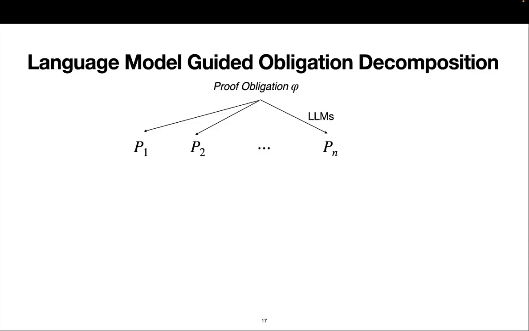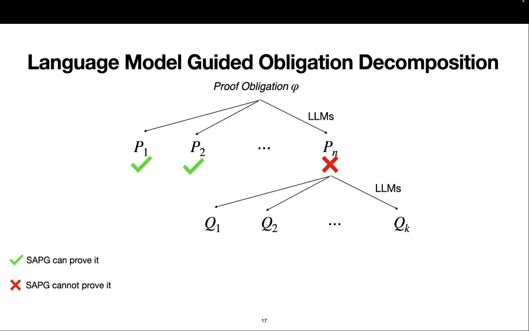And for each subclaim, we check whether SAPG can prove it. Some subclaims are simple enough and SAPG can prove them directly. We check each of them, but some subclaims are still too complex for SAPG. For those, we go back to the LLM and ask it to decompose them into even simpler subclaims.